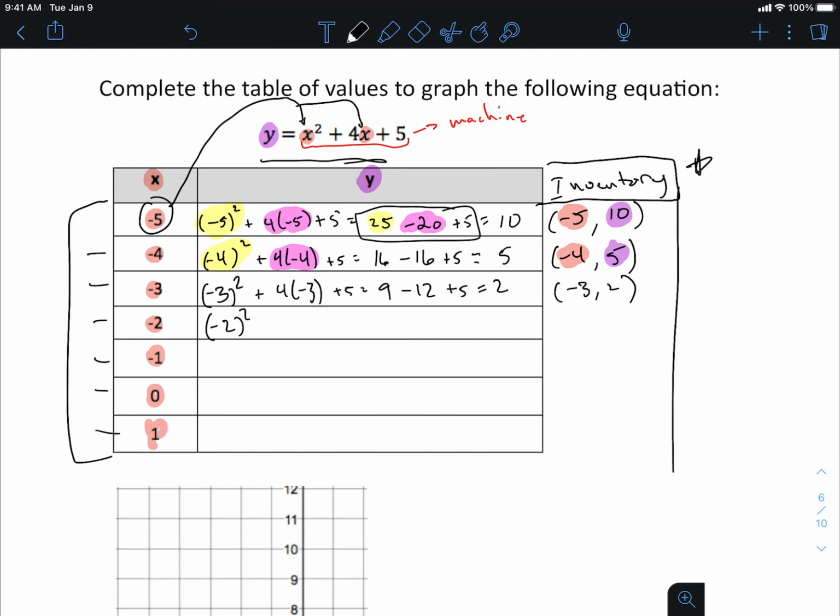-2 squared plus 4 times -2 plus 5. -2 squared is going to be 4 minus 8 plus 5. 4 minus 8 should be -4, plus 5 should be equal to 1. Okay, you can see how this is how quadratics work, and hopefully you guys saw this with the cup too, right?